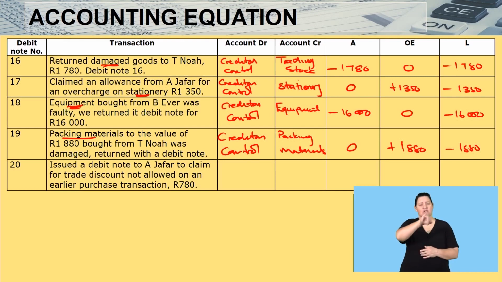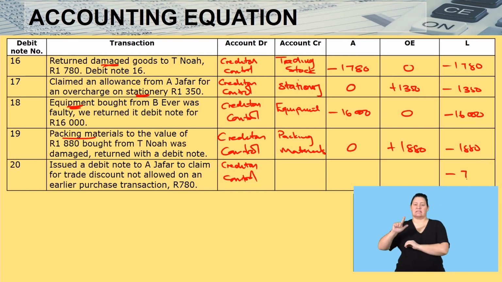The 20th, we issued a debit note to A Jaffa to claim for trade discount not allowed on an earlier purchase transaction, 780. We now know account debit, definitely your creditors control. And we already know once I debit creditors control, what happens to your liabilities? They decrease, minus 780. What is the next one now?